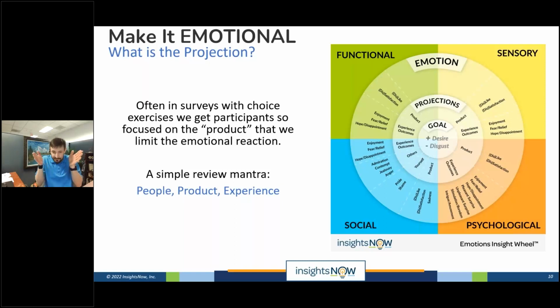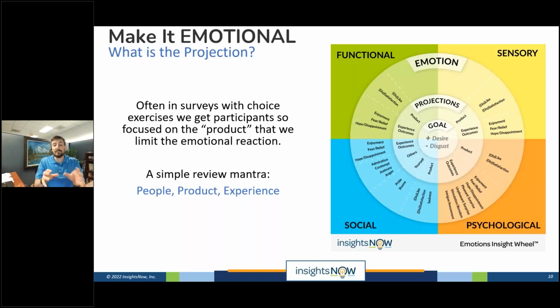That means that you've focused people in very, very narrowly, projecting their emotions on a product. However, we know that choices are often not that narrow. So in surveys, what I would encourage people to do is think about this little mantra of people, product, and experience. You can project emotions on the product, on the experience of using that product, and on the people that you may experience that product with or for.